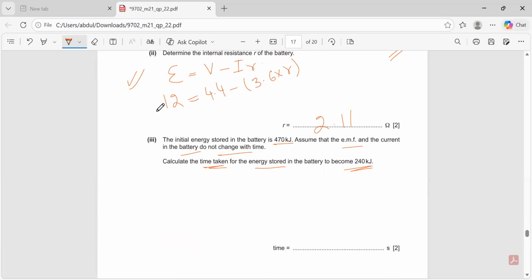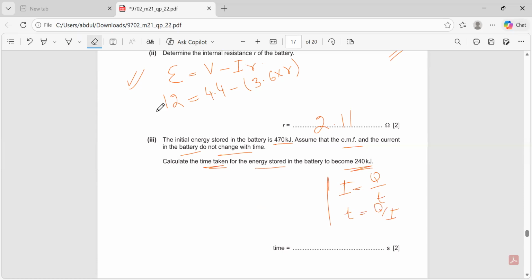Now we have to calculate the time. First of all, in physics, current is equal to Q over t, so t will be equal to Q over I.